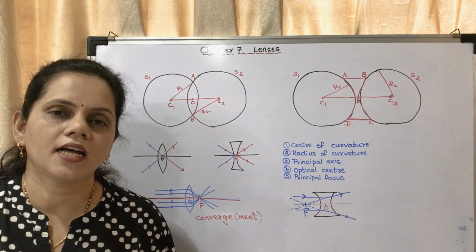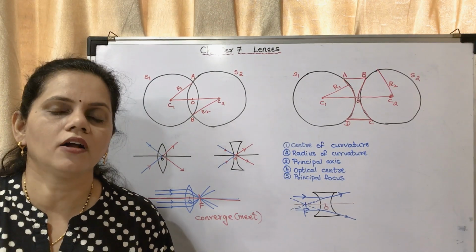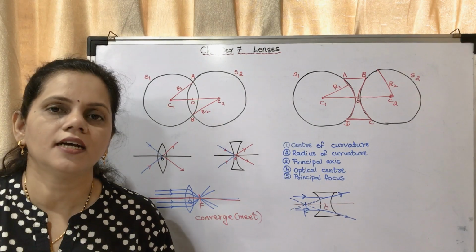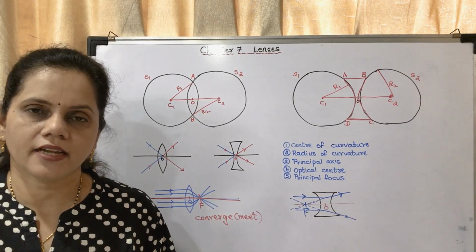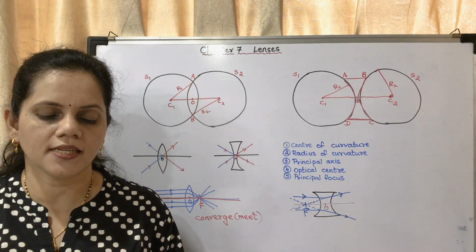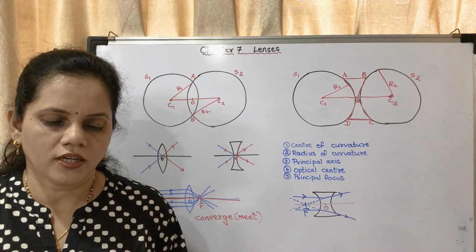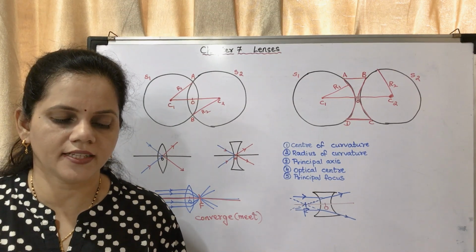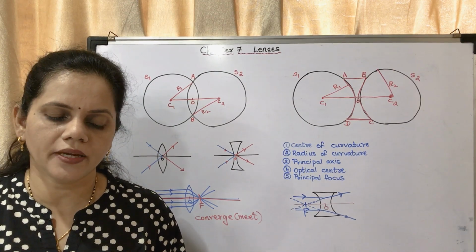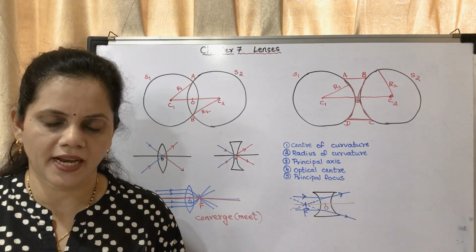That is the answer for the question why a convex lens is called a converging lens. You may mark. Next, rays traveling parallel to the principal axis of a concave lens diverge after refraction in such a way that they appear to be coming out of a point on the principal axis.